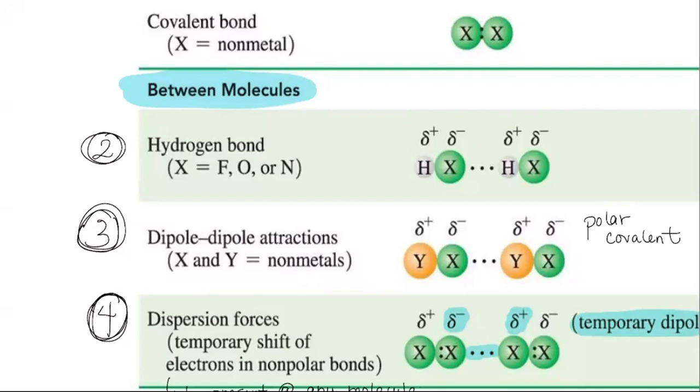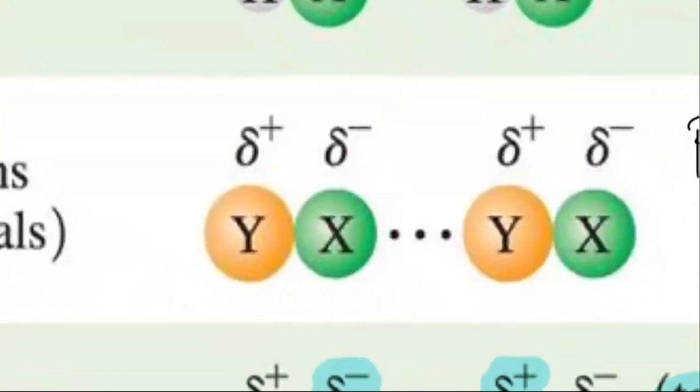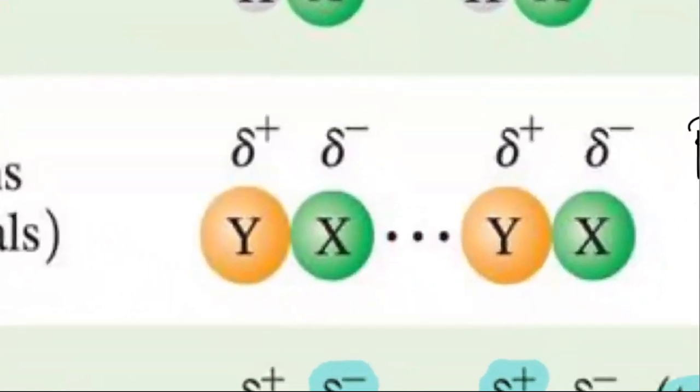And if I have a polar covalent compound, understand that in my molecule, I must have a covalent bond that is polar. So these partial charges that we see here in between X and Y, they're going to be permanent dipoles, because I have a molecule that is polar.